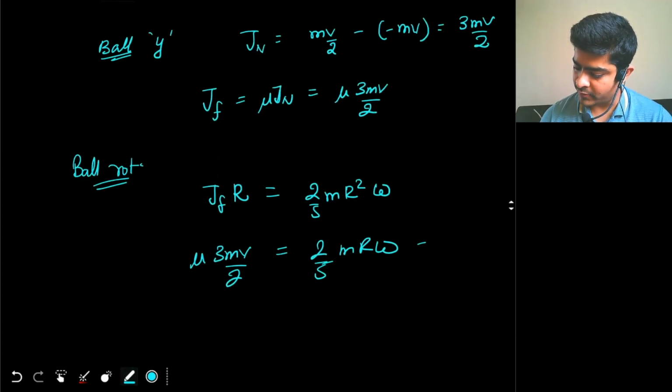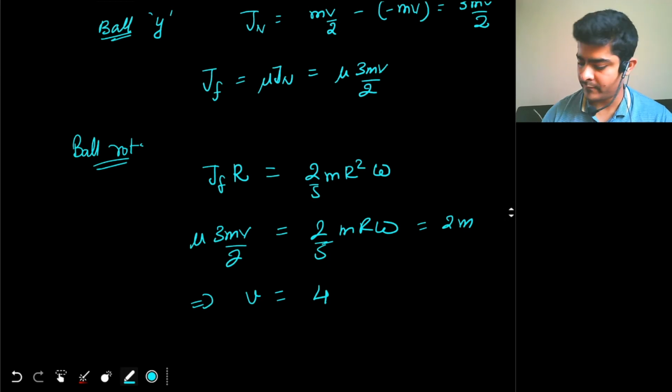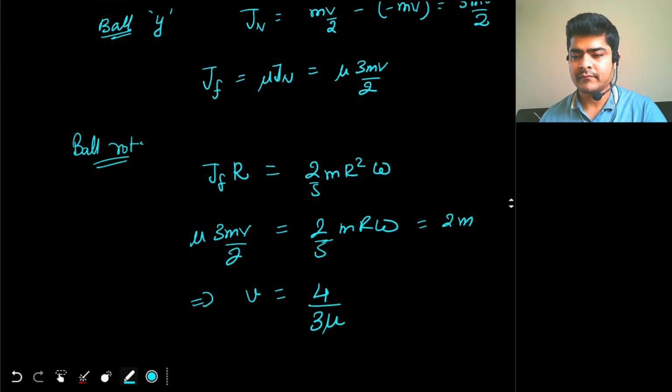So this is equal to 2m. So that means we obtain that v will be equal to 4 divided by 3 mu. Okay, so now we can solve for the velocity of the ball along x-axis.